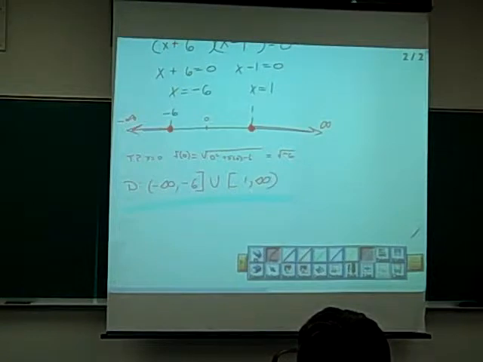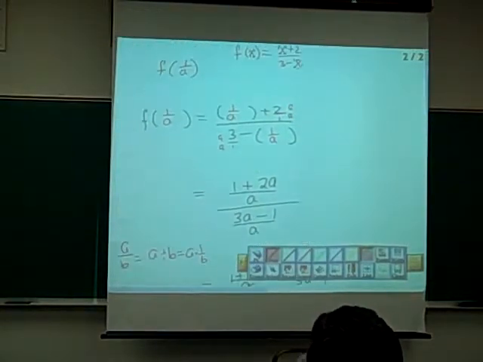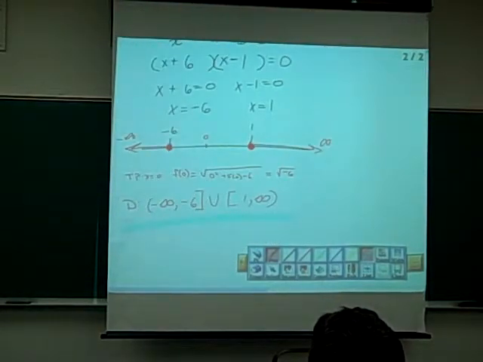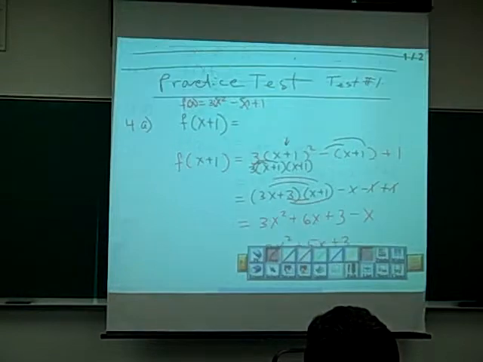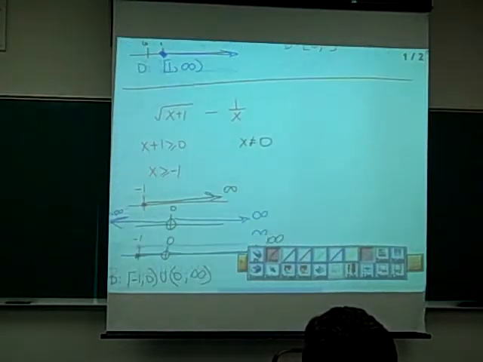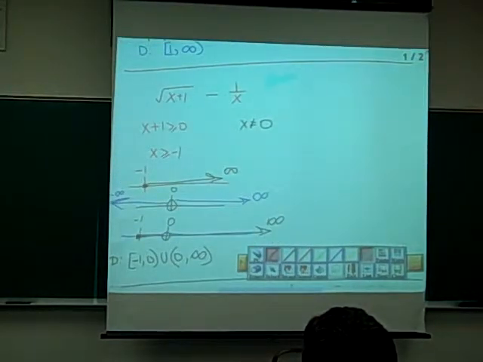Okay, what else? Oh, and then F, right? Now F was like what we did on the previous page. F was like this one. Okay, so in that case, let's go back.